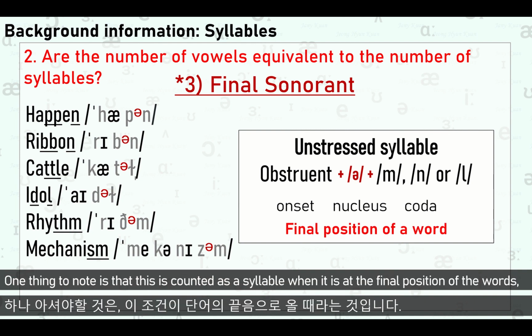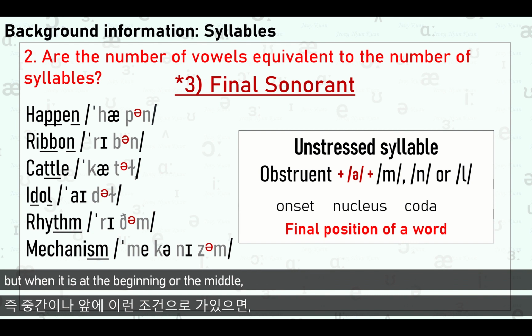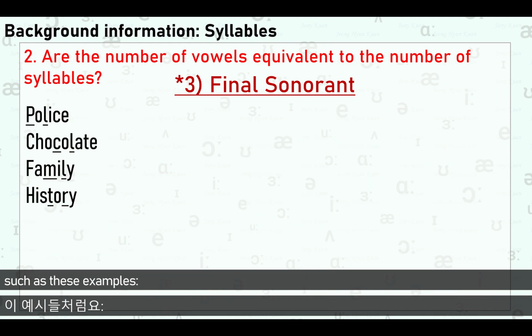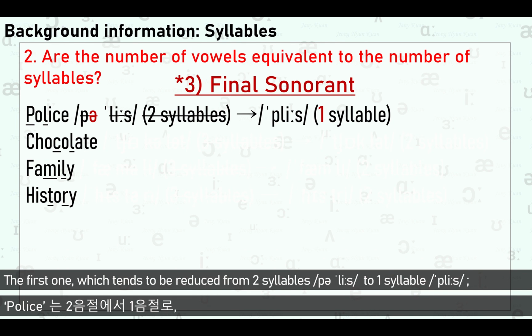One thing to note is that this is counted as a syllable when it is at the final position of the words, but when it is at the beginning or the middle, it tends to be not counted as a syllable, with the schwa sound being completely deleted, such as these examples. The first one tends to be reduced from 2 syllables, police, to 1 syllable, please.